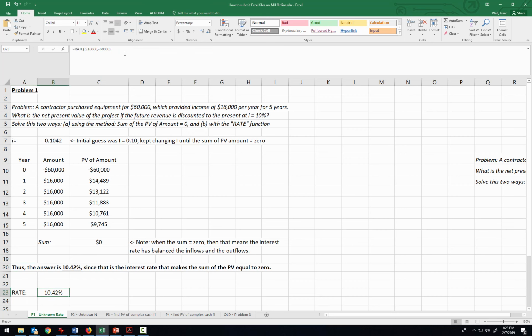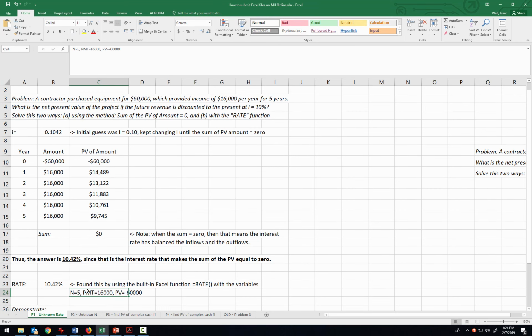We also did it according to this built-in Excel formula. And rather than just leaving it at the numbers there, let's leave a note to explain where that came from. Found this by using the built-in Excel function equals RATE with the variables n equals 5, PMT equals 16,000, and PV equals negative 60,000.